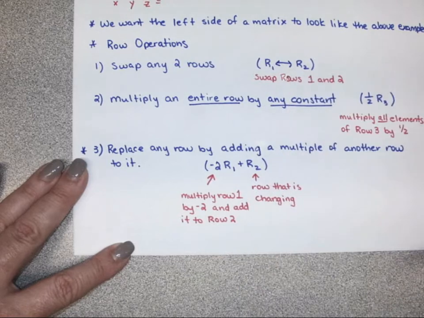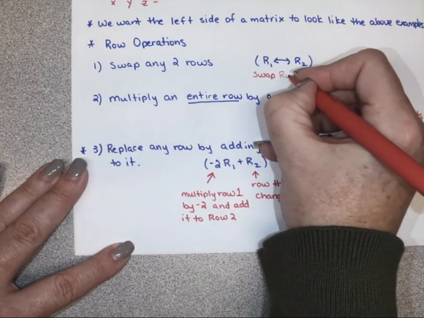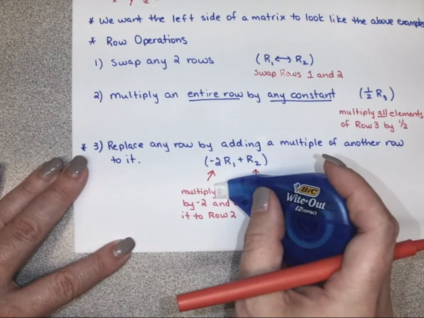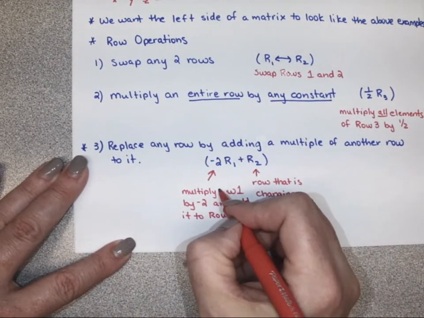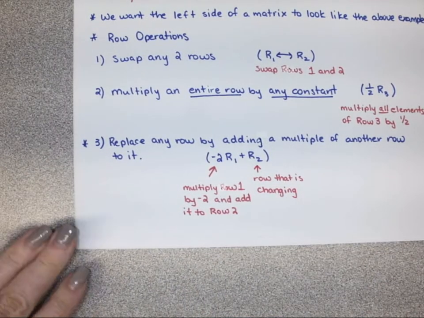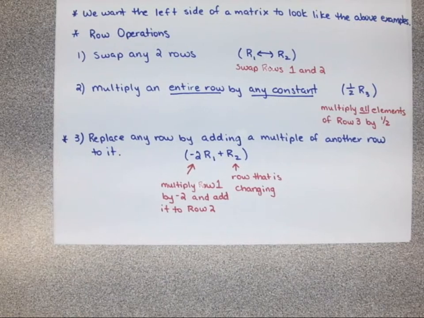It's really not important if you use lowercase or uppercase letters, but I'm going to use uppercase letters so that it matches what label we have. Okay, and that's it. These are the only 3 things we can do to the rows, and we actually can't do anything at all to the columns.